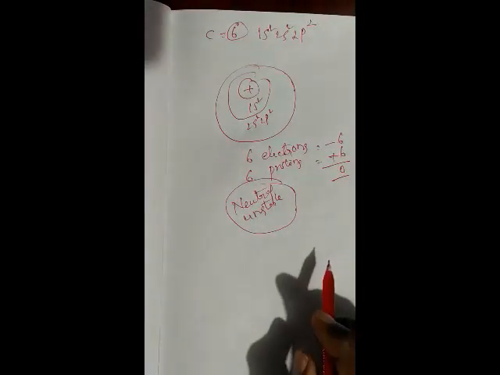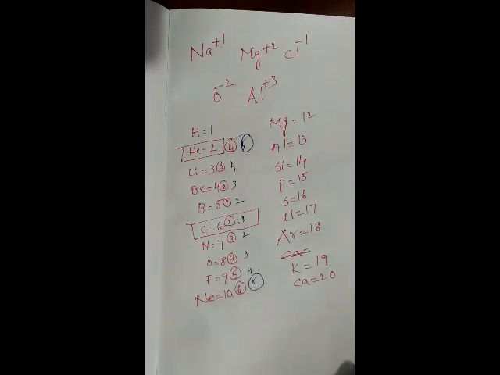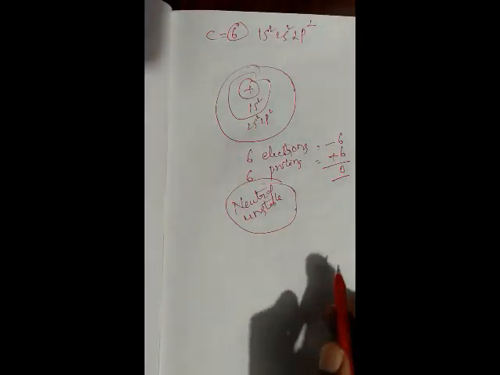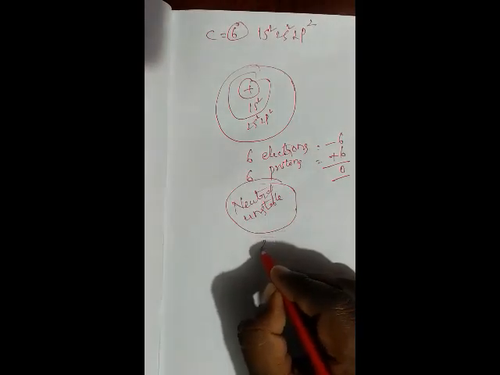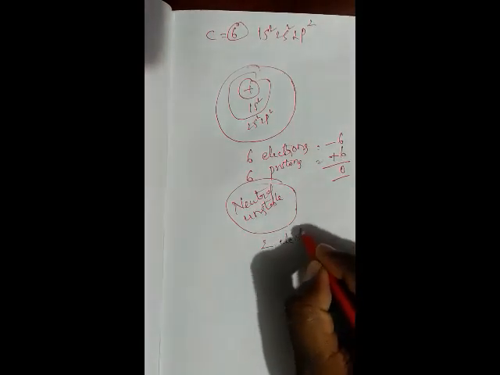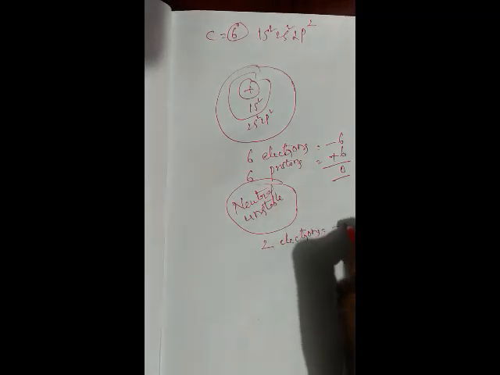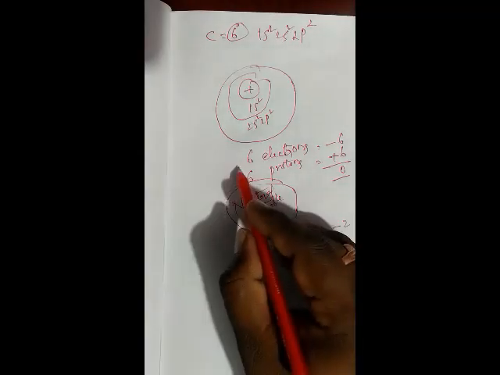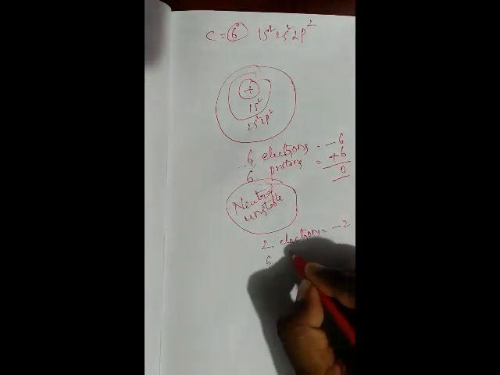So see here. First, near carbon, the inert gas is helium. So for helium, it loses how many electrons? 4 electrons. After losing 4 electrons, only 2 electrons are present in that carbon. 6 minus 4 is 2, so minus 2. And the protons will be the same, there is no change in its protons.